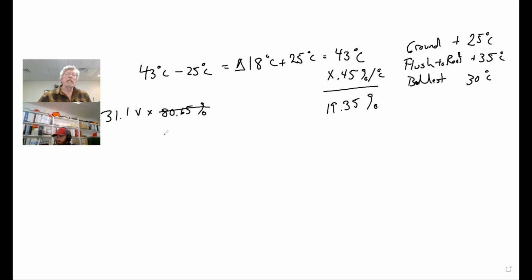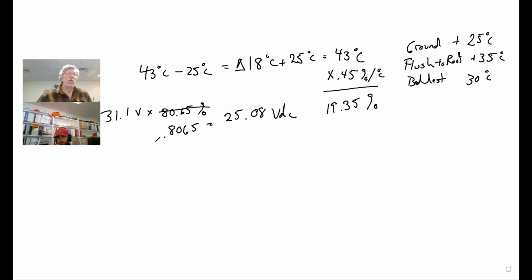And I can convert that to a decimal, 0.8065, and I'll multiply 31.1 times 0.8065, and we end up at 25.08 volts DC. So on the hottest day ever, this panel might only produce 25 volts, as opposed to on the coldest day, it was up there, I don't remember exactly, but it was like 44 volts.